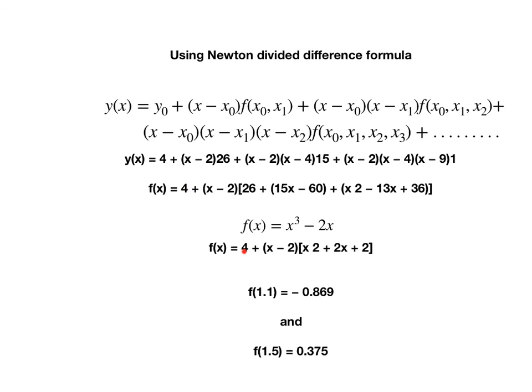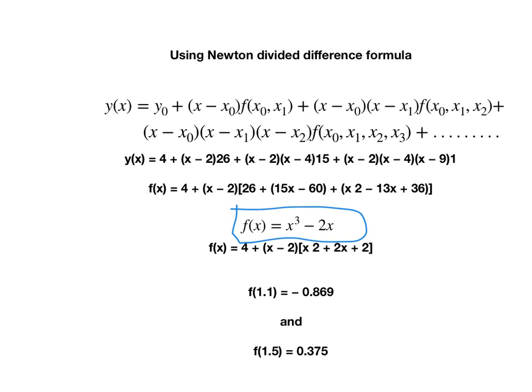Next, this 4 is kept as it is, this x minus 2 also kept as it is. We simplify this. This gives us x square, 15x minus 13x is plus 2x. Then 26 minus 60 plus 36 gives us plus 2. Then multiplying x minus 2 with this, on simplification, finally the result is f of x equal to x cube minus 2x.